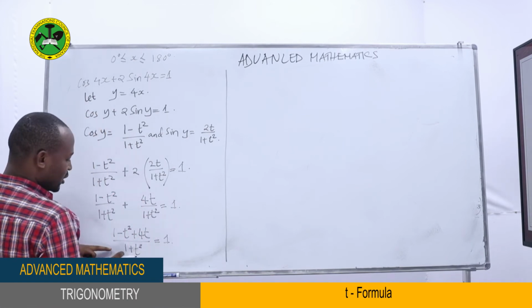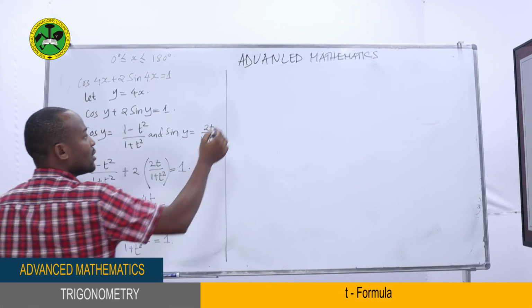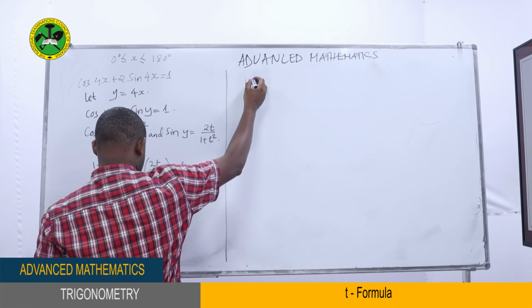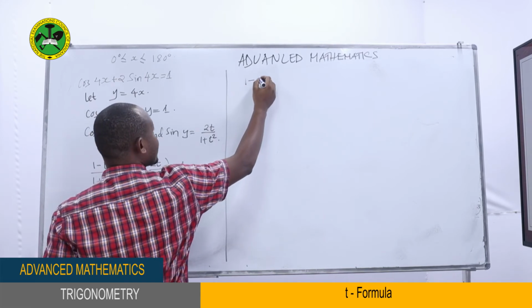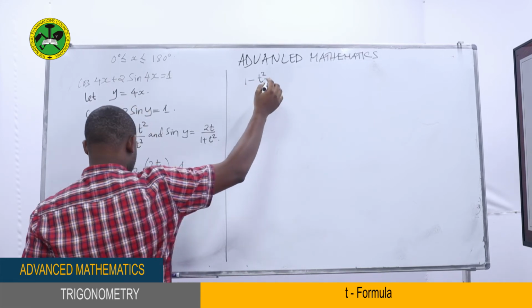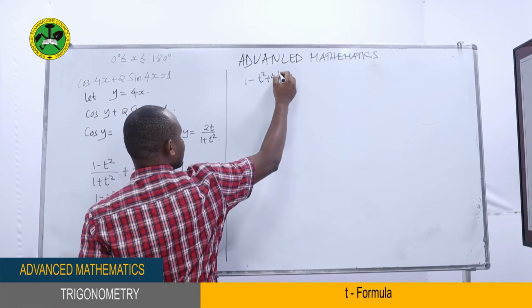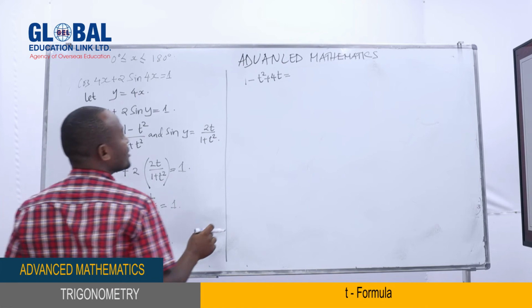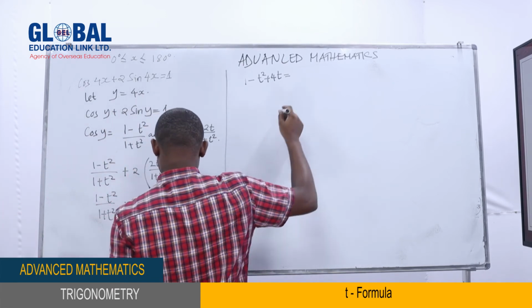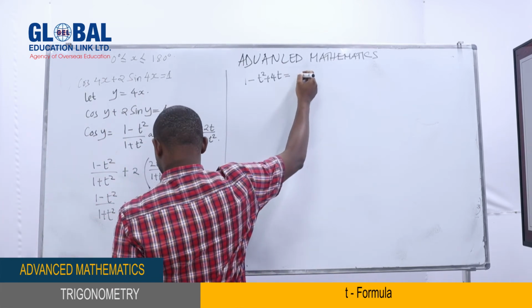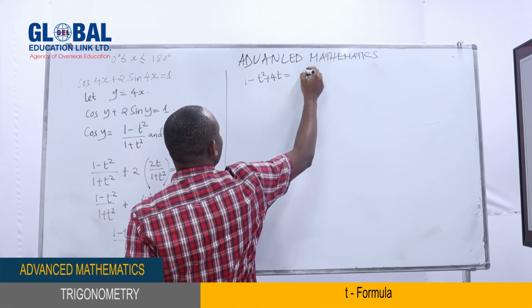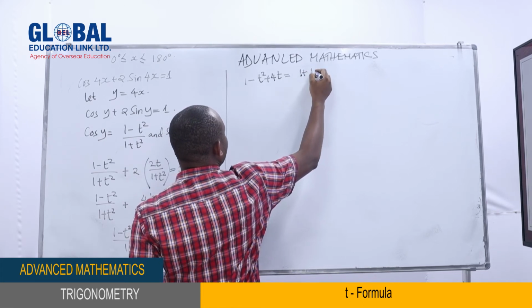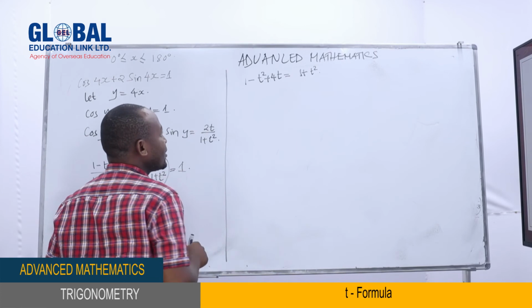Multiplying to that side, we're going to have 1 - t² + 4t = 1 + t². Now let's collect like terms.